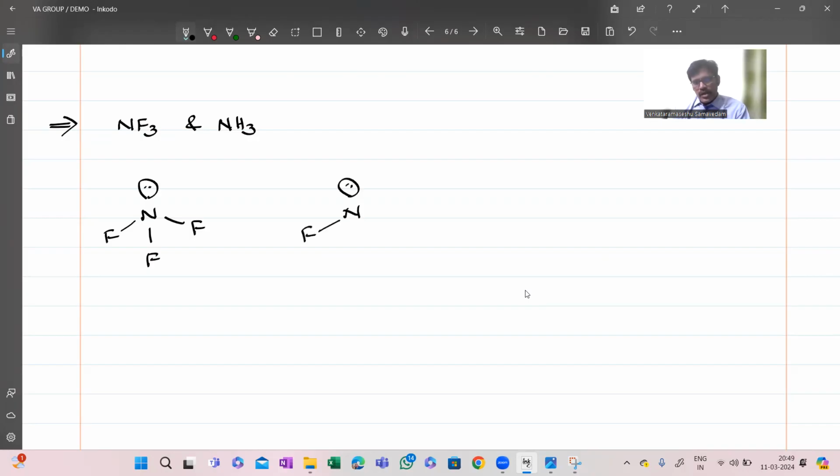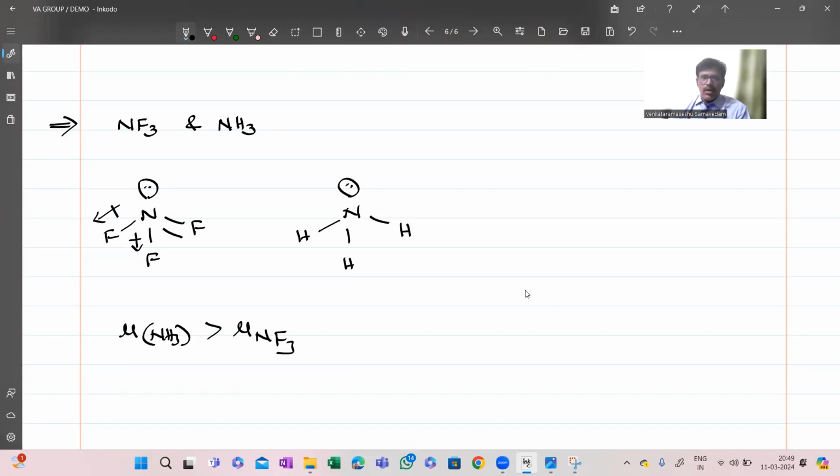The arrangement of electron pairs is tetrahedral, both bond pairs and lone pairs. But here, the dipole moment of NH3 is greater than that of NF3. Why, they will ask. Because in the case of NF3, all bond moments are towards fluorine, therefore, the bond moment caused by the fluorine, I will take it as mu1.